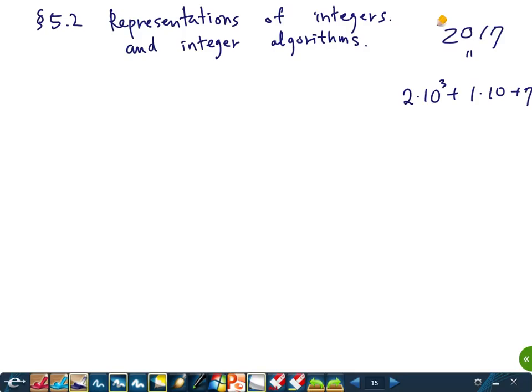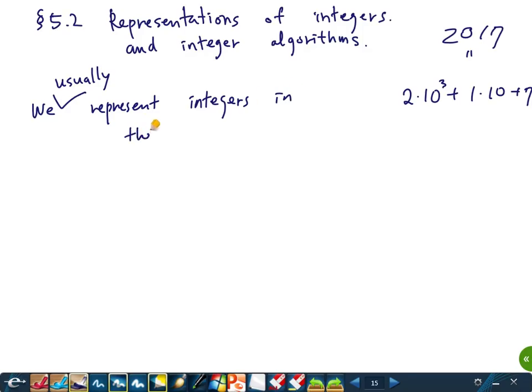So we normally represent integers in the decimal number system like this.